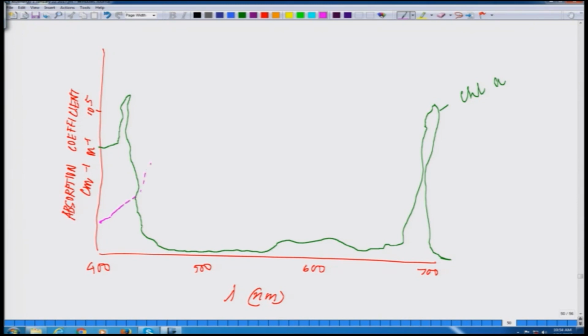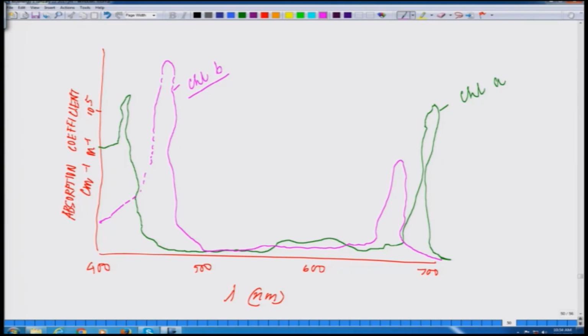It is slightly shifting, and so one second, let me put it as chlorophyll B. Okay.